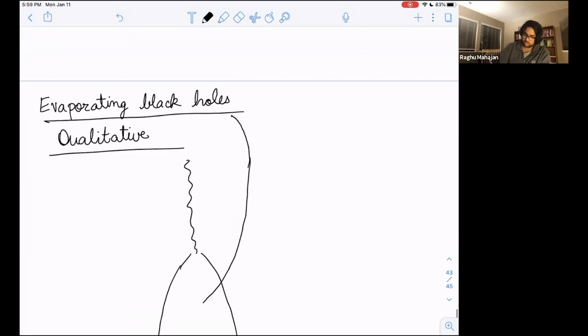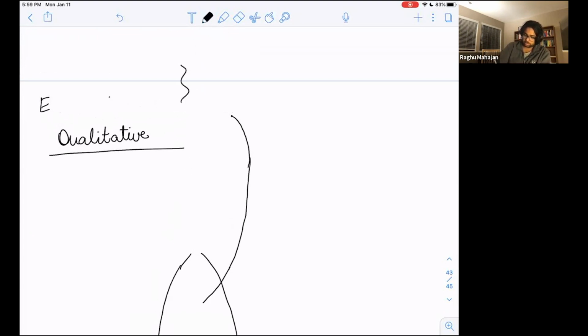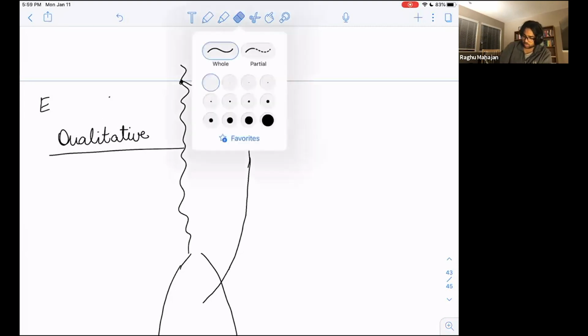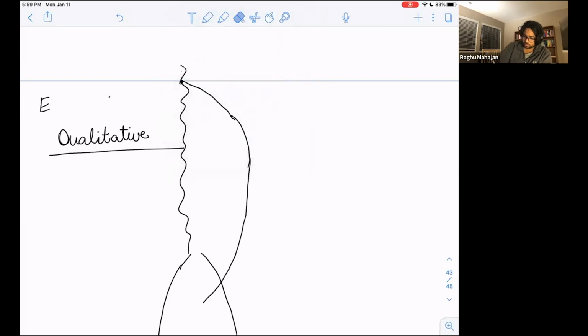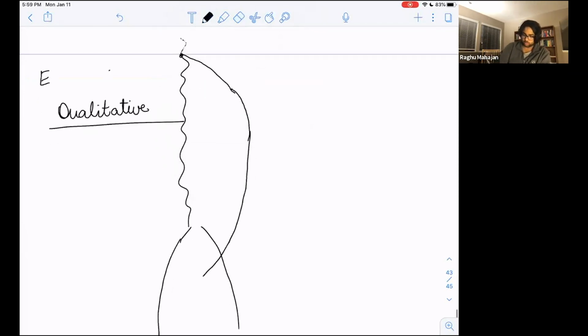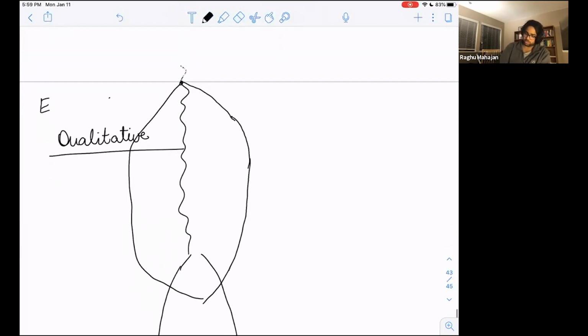If I just erase this stuff here, what the evaporation does is bring the horizon closer and closer to the singularity, and it ends here. There's no more singularity after that. So evaporation closes off the interior region of the black hole, and our observers stay outside.